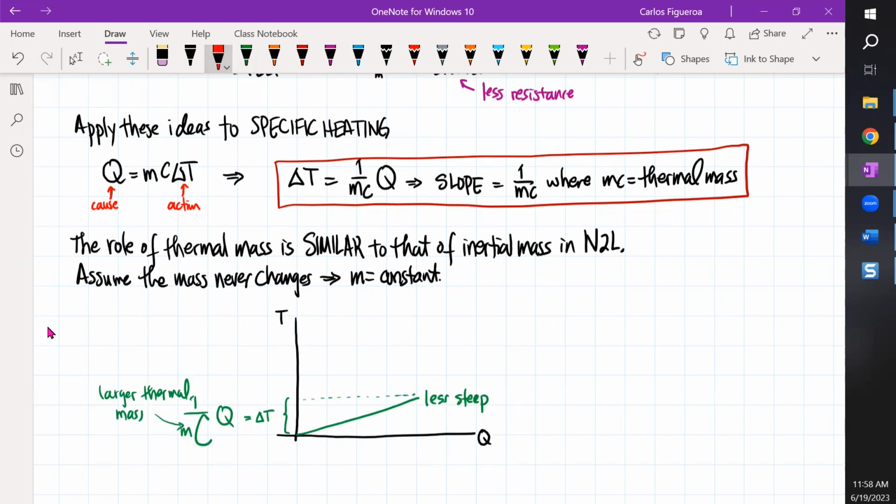On the other hand, if I have something that goes like this, this is a very steep curve. If I follow this out, you can see that this has a small heat capacity. So as a consequence, I can have a big temperature change. So this tells me that I have a small thermal mass.